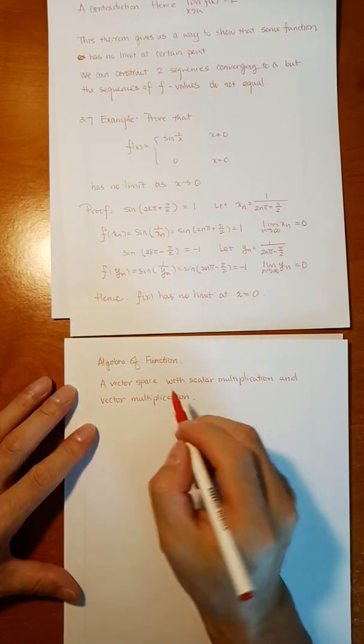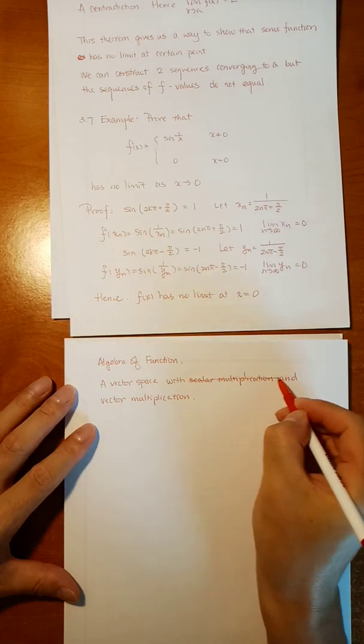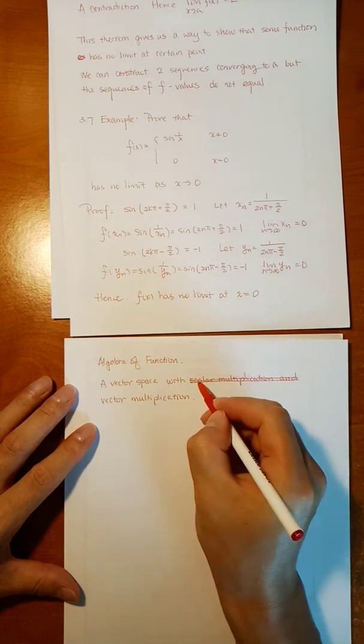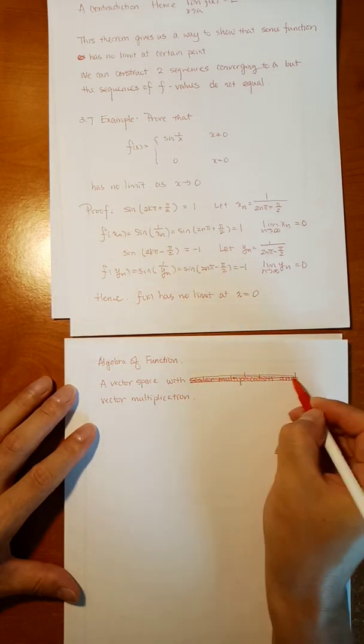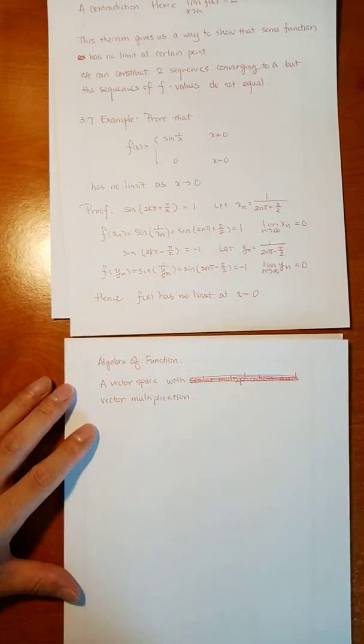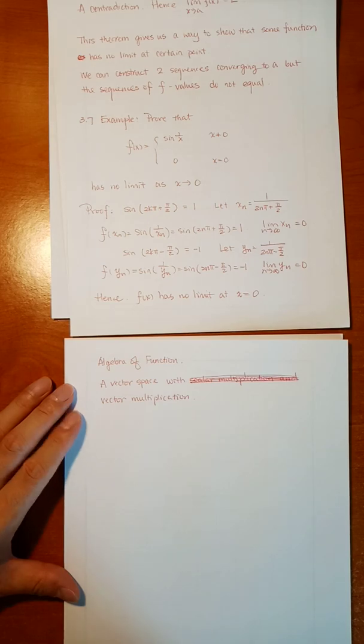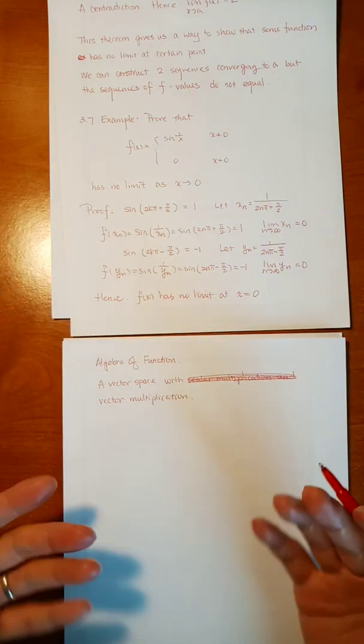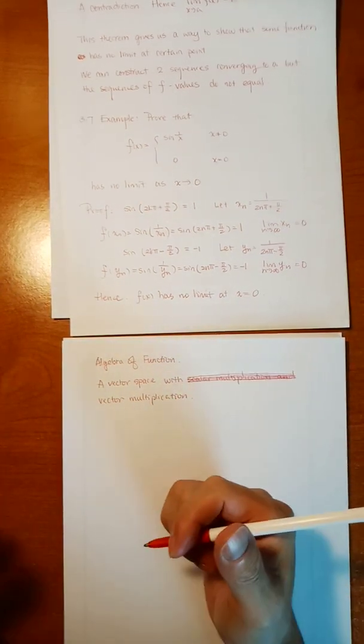A vector space with a vector multiplication, that's called an algebra. Vector space means linear structure: you have addition and scalar multiplication.